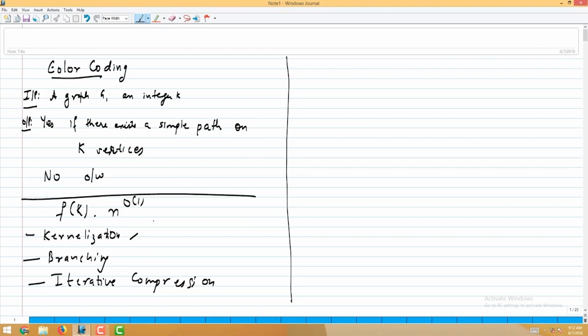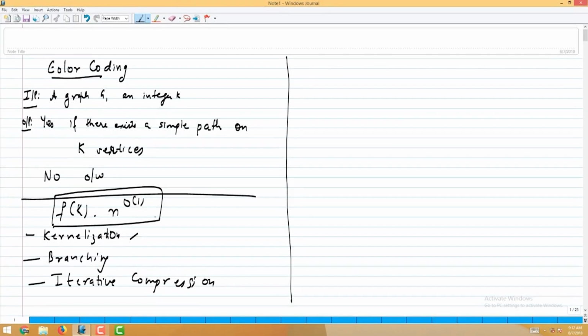So hence, there is this new technique that we are looking at today, which is called color coding, to get an algorithm of this form, f of k times poly n. So what is the crux of this technique? Again, like in iterative compression, we said that in order to solve the problem, for many problems, it's enough to solve the compression version of this problem.